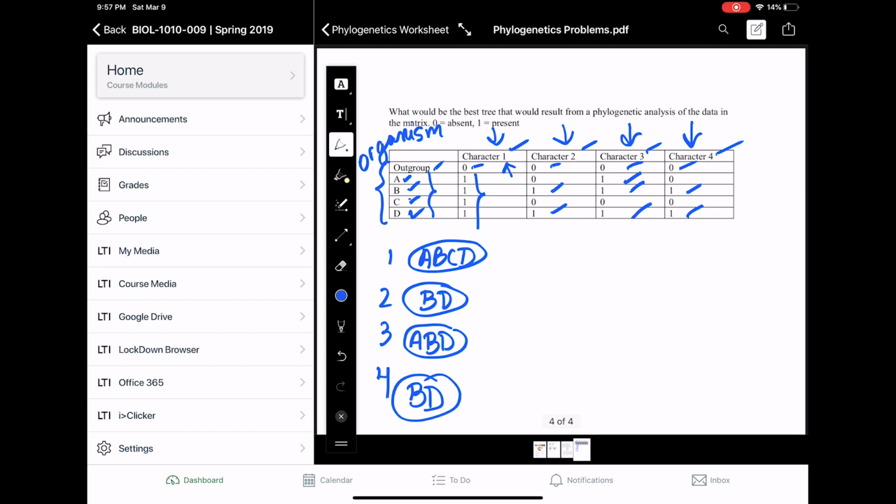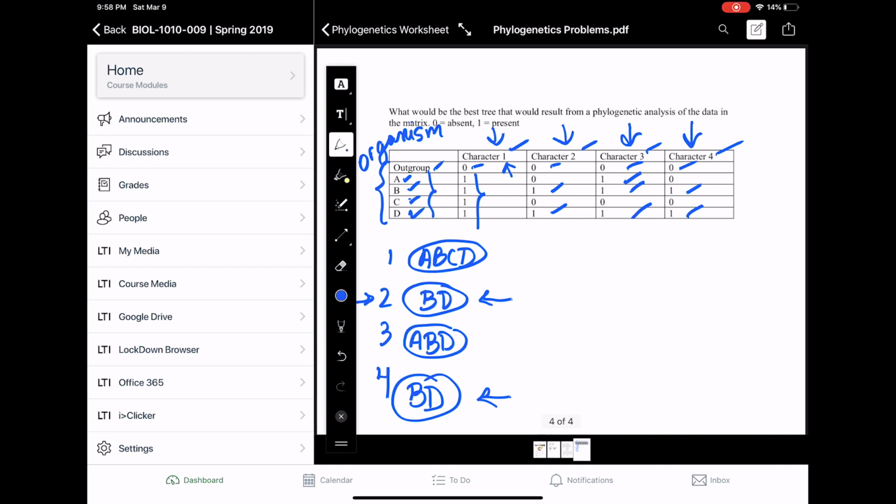So now we can start drawing our tree. To be able to draw our tree, we start by looking at the smallest group of organisms for each character, right? So right here, the smallest would be either character number 2 or character number 4.